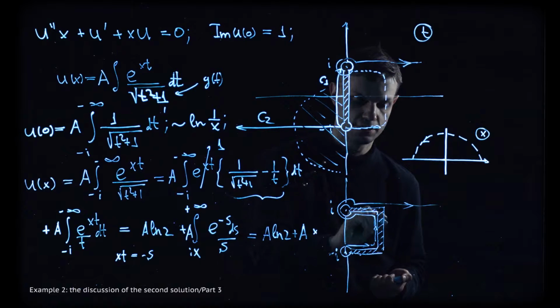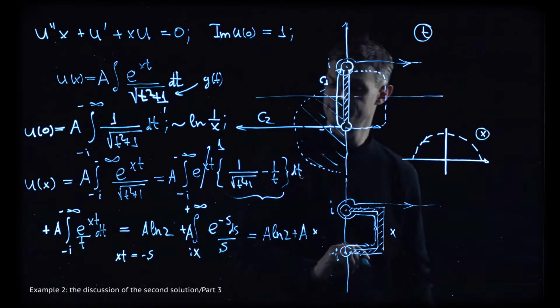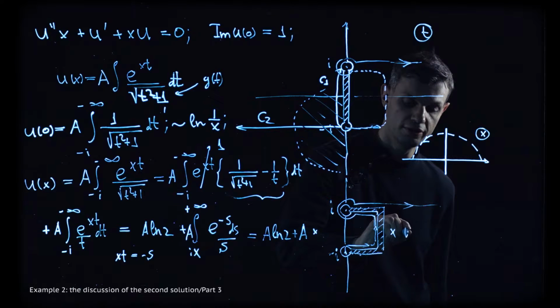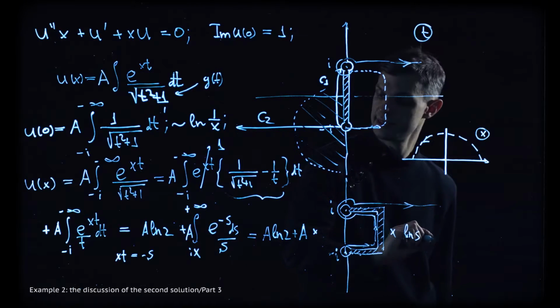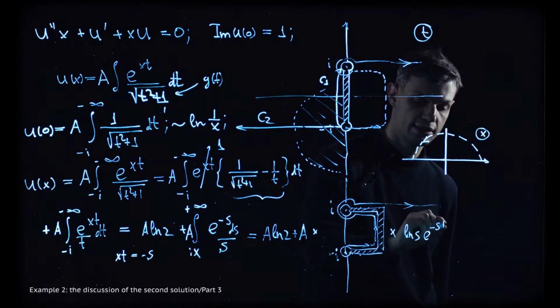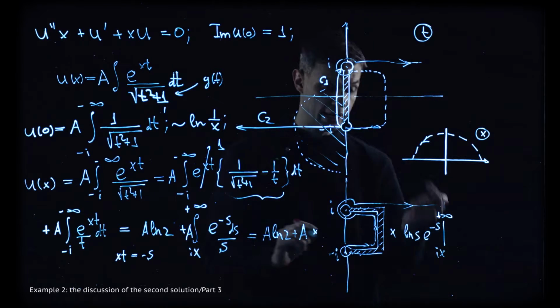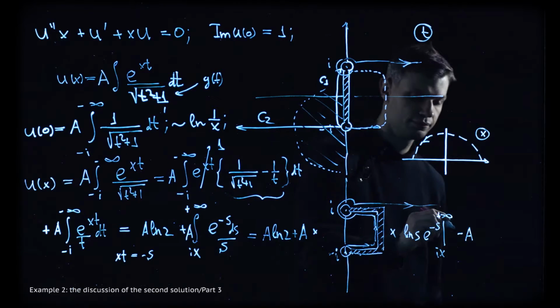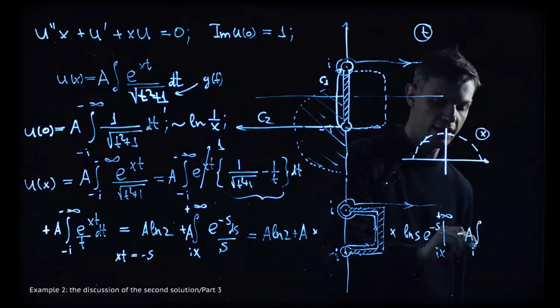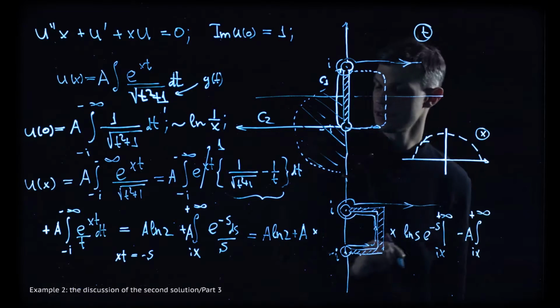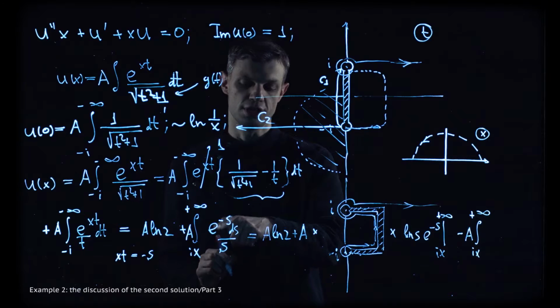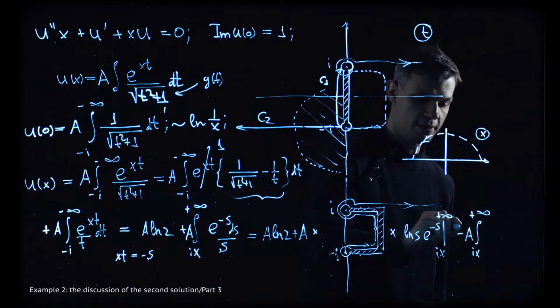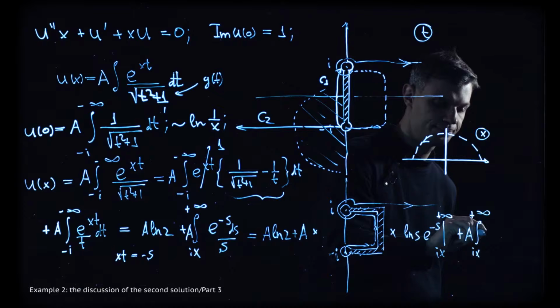So it's the logarithm of s times e to minus s from ix to plus infinity, minus the integral from ix to plus infinity, where you have to differentiate e to minus s, which gives you just the same e to minus s, but the sign changes.